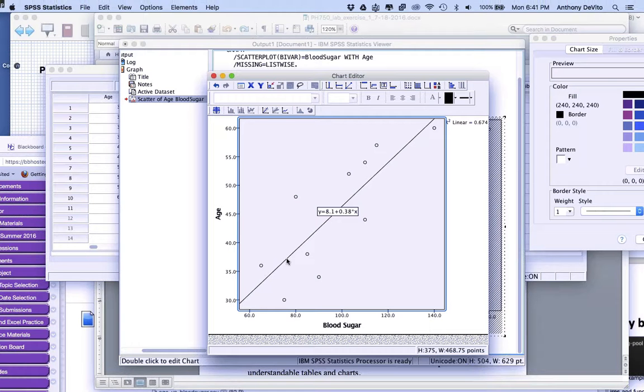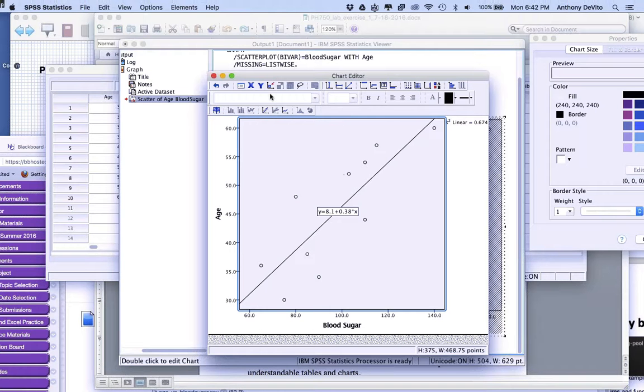So I'm looking at that line, and that line would represent a perfect fit. If all of these dots landed on that line, that would be a perfect correlation, right? If you hover over these, it'll give you a hint: add fit line, add markers, and so on and so forth.